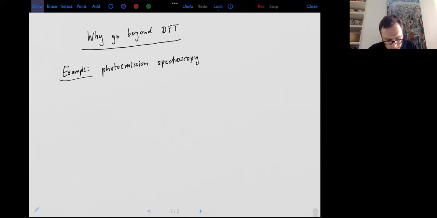So how does that work? Let's say we have a block of material. That's our sample, it could be anything. Let's say it's a little piece of silicon.